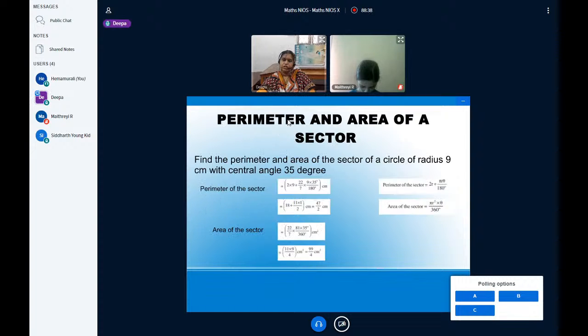So perimeter of the sector is 2 into, what is the radius? 14, plus 22 by 7 into 14 into 30 by 180 degree. Very good.